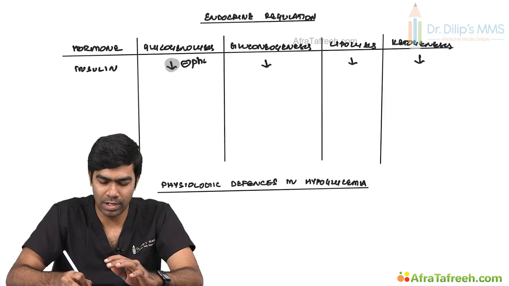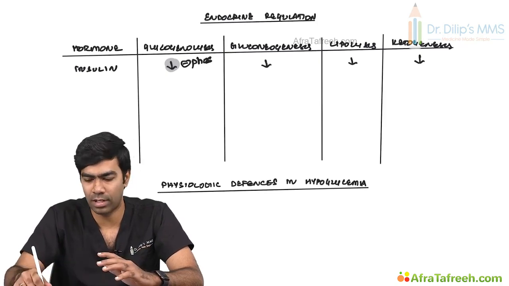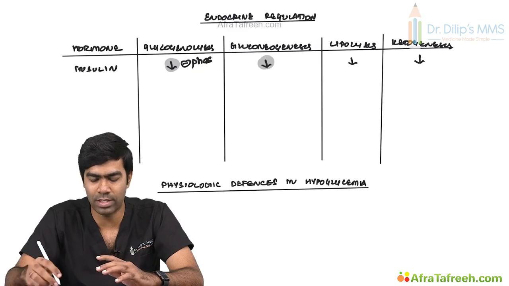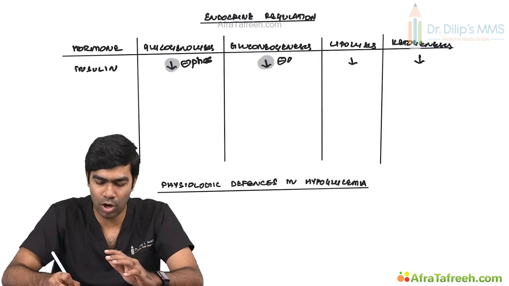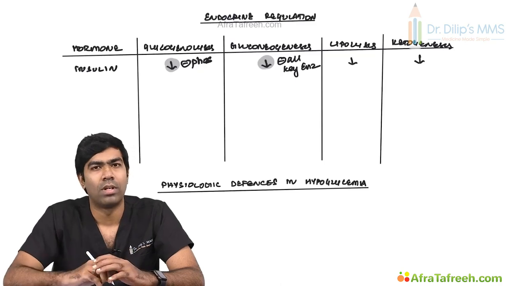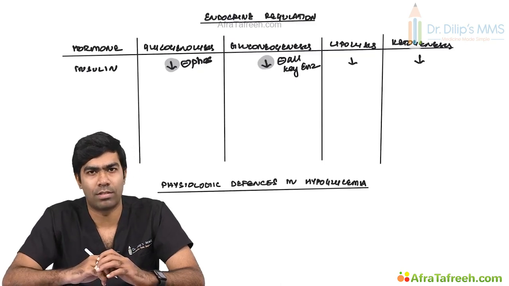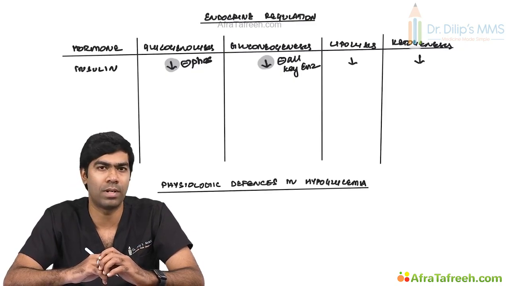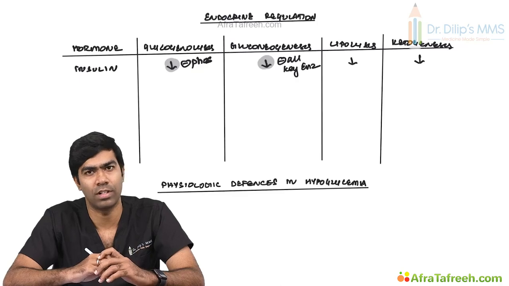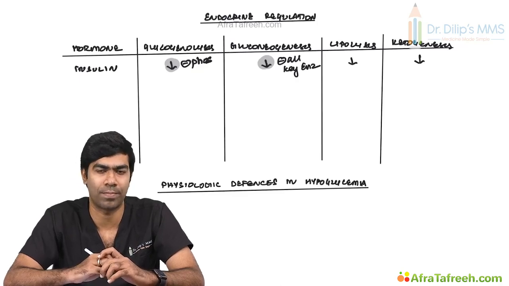For example, it can inhibit glycogenolysis by inhibiting glycogen phosphorylase and stimulating glycogen synthase, and it can inhibit gluconeogenesis by inhibiting all the key enzymes that are necessary for production of glucose through gluconeogenesis. So for example, its major action is on the pyruvate carboxylase, but it can still inhibit the fructose 1,6-bisphosphatase and glucose 6-phosphatase enzyme.